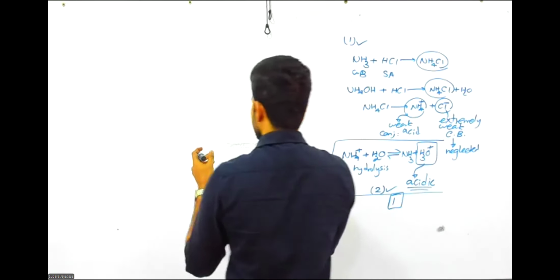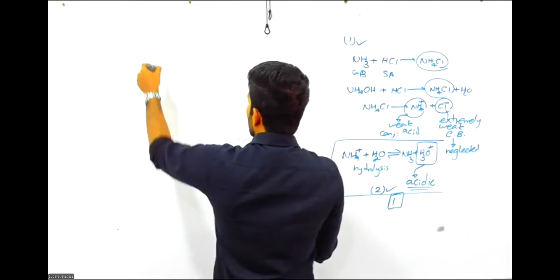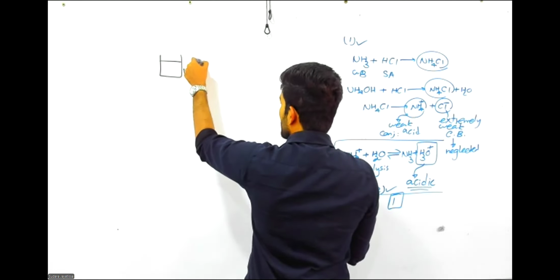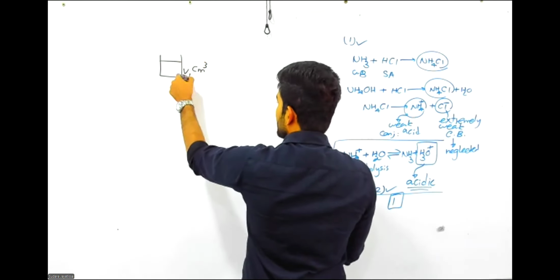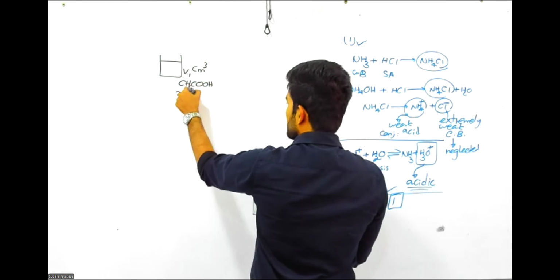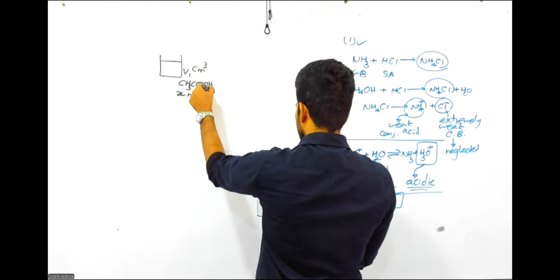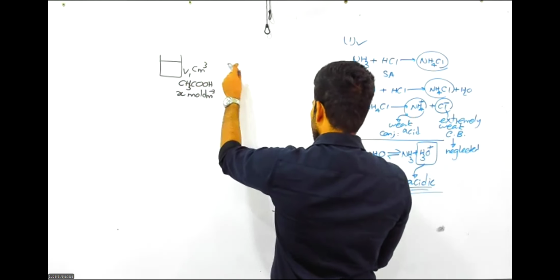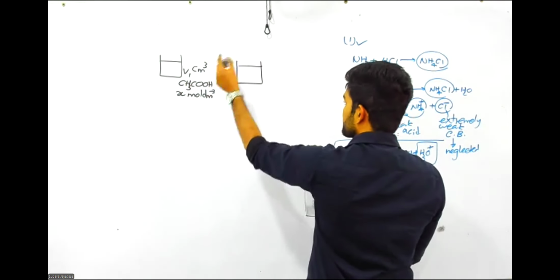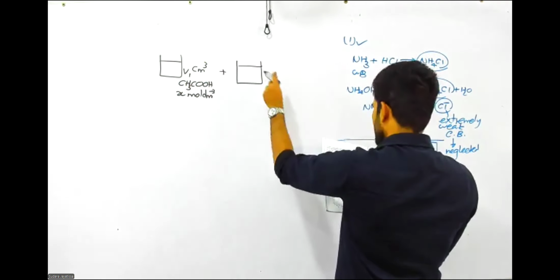Now it says we have V1 centimeter cube volume of acetic acid and its concentration is x mol per decimeter cube. And there's another beaker. We have V2 centimeter cube.